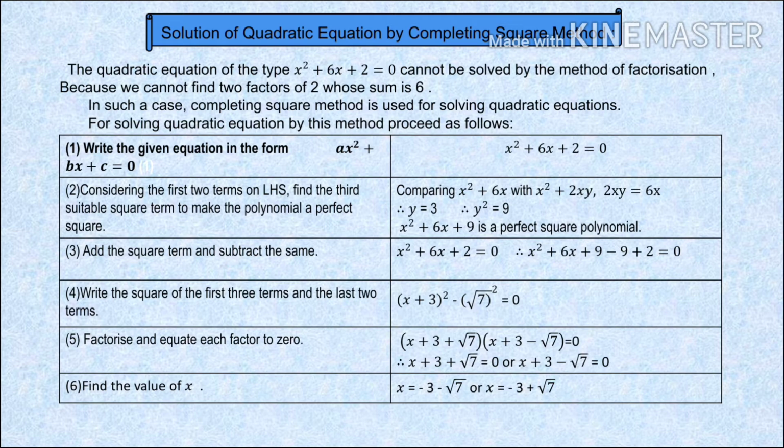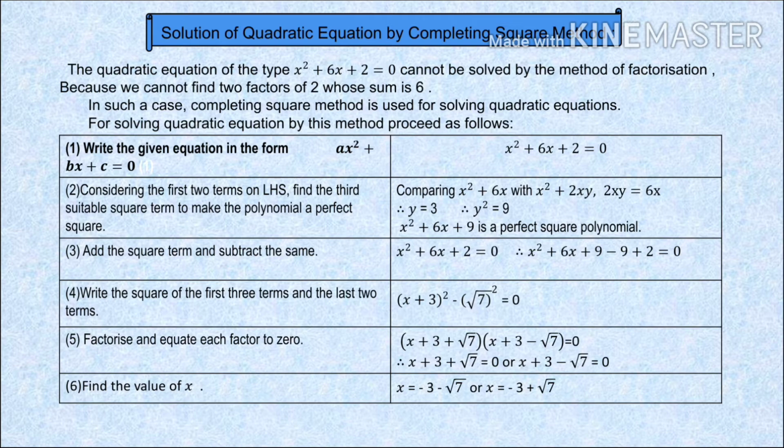Fourth step, write the square of the first three terms and the last two terms. Here the square of the first three terms, that is x square plus 6x plus 9, is x plus 3 whole bracket square, and minus 9 plus 2, that addition is minus 7. So x plus 3 whole square minus root 7 square is equal to 0.